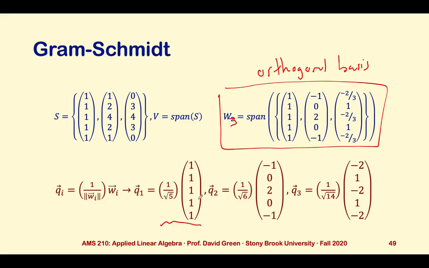The normalization factor is 1 over square root of 5. For Q2, we've seen that the sum of the squares is 6, so the length is square root 6. The normalization factor is 1 over square root of 6. And for this one, we need to compute it.